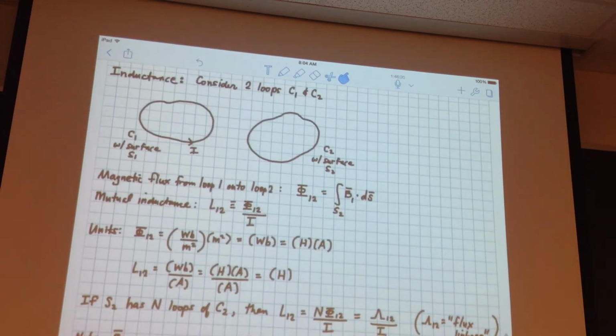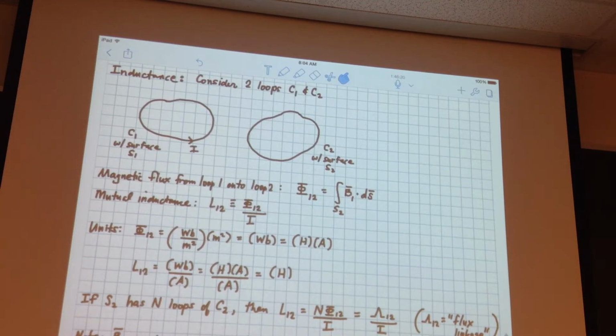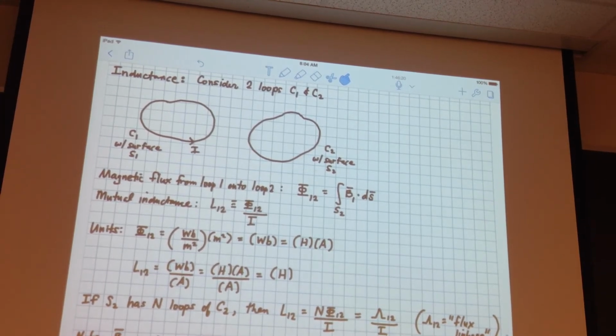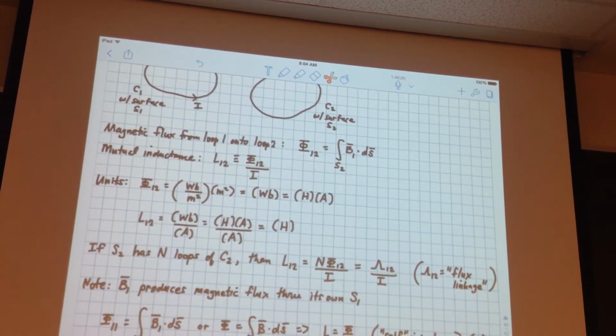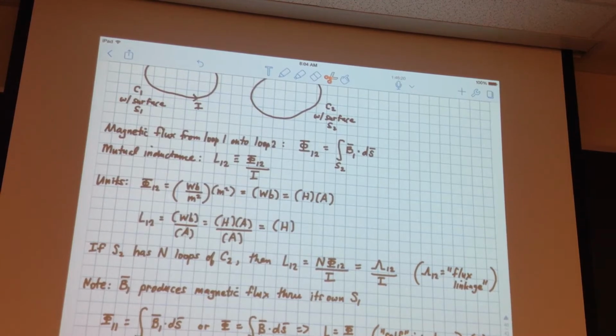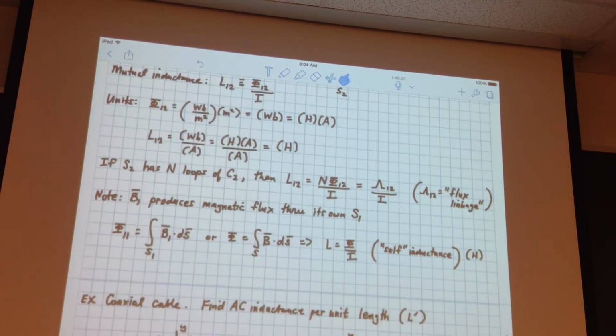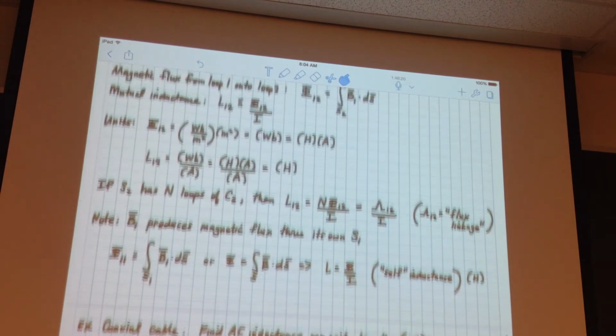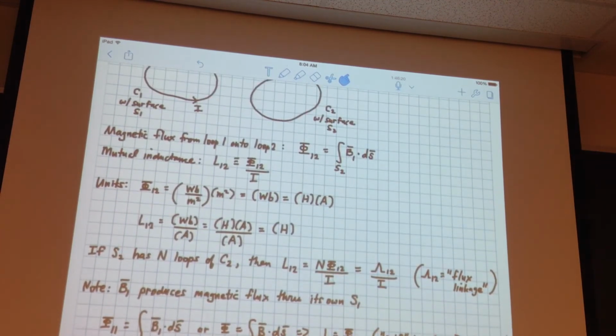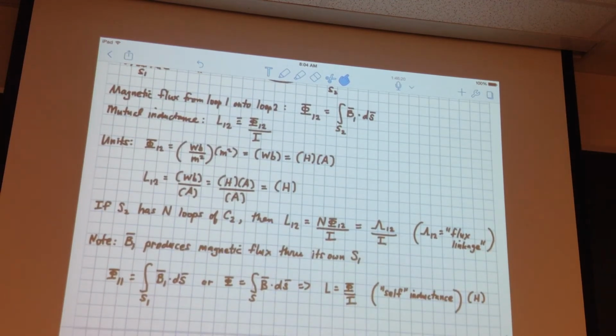If S2 happens to have more than one loop associated with it, if it's a coil of wire, then the mutual inductance is just multiplied by the number of loops, N, and we have this term flux linkage, which is the number of turns times the magnetic flux. And then you can think about the magnetic field B1 flowing through its own surface, and then you get the idea of self-inductance.